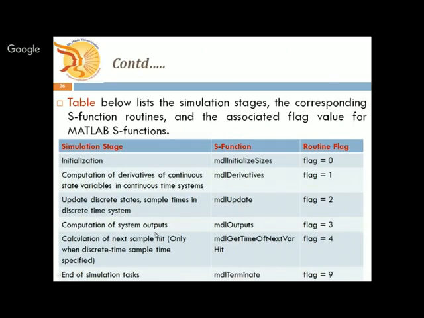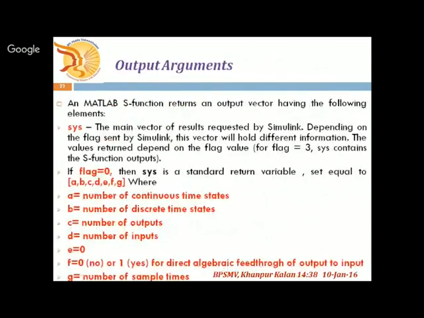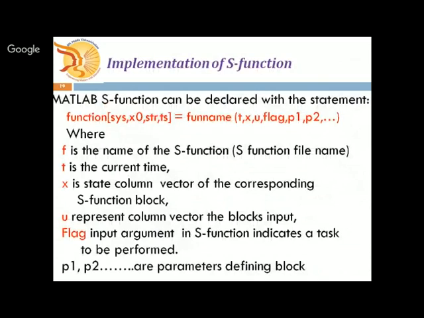So if you look at the structure, this is basically the first line in your level 1 Matlab function. It indicates the input arguments as t, x, u, flag, p1, p2, and output arguments as sys, x0, str, ts.